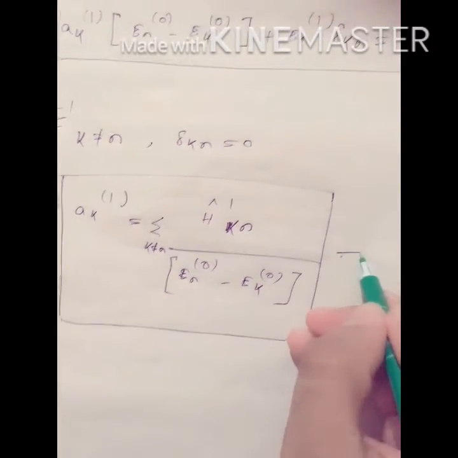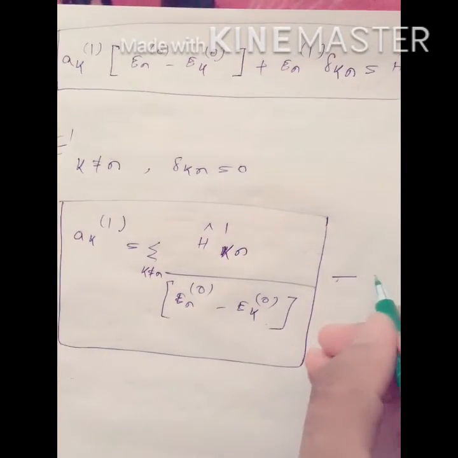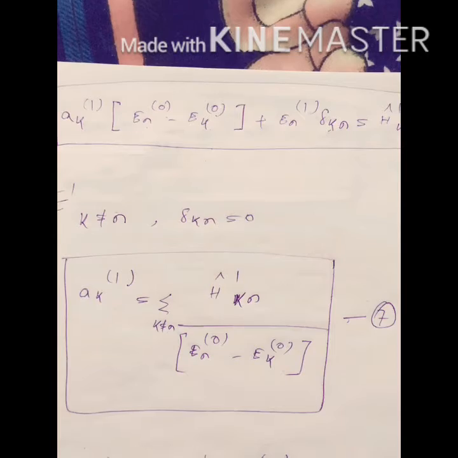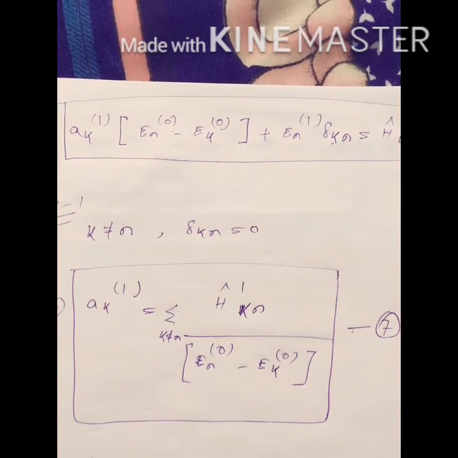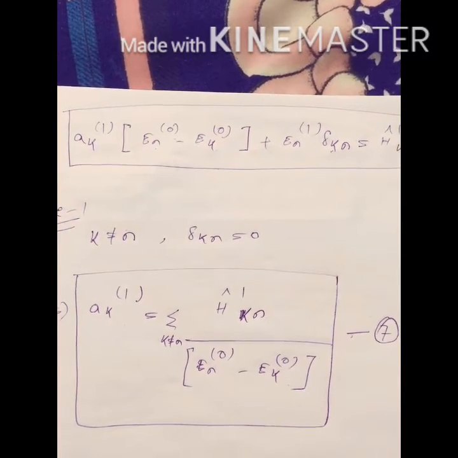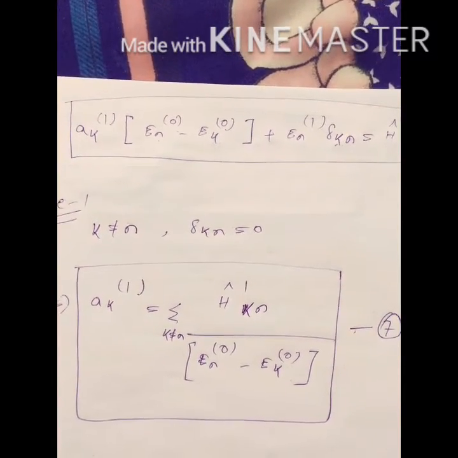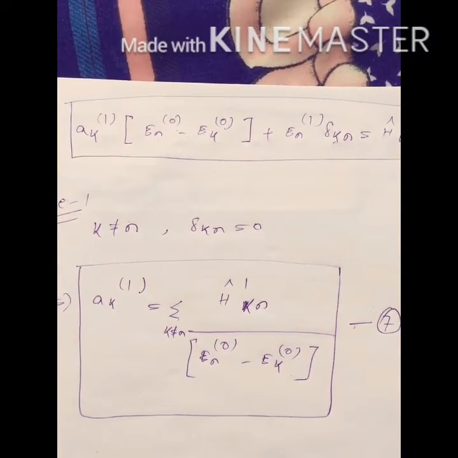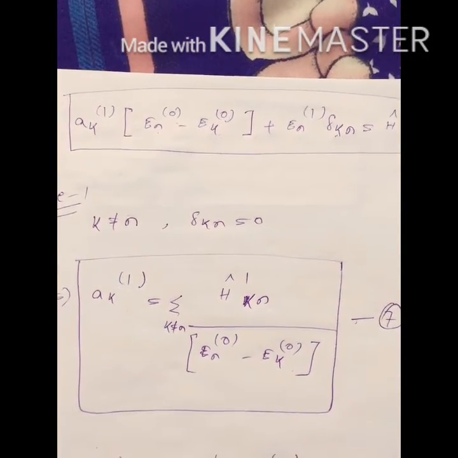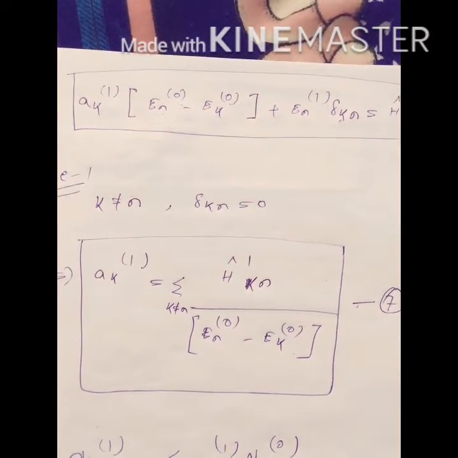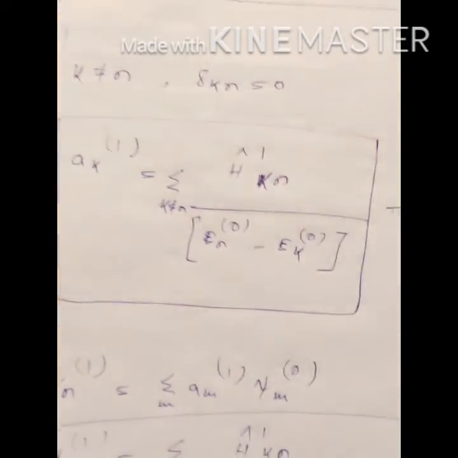So this is our equation number 7. Ak1 we know is the expansion coefficient which is already determined. So the question is, what about the first order correction to the wave function or eigenstate? We know psi n1 is equal to sigma m Am1 psi m0.